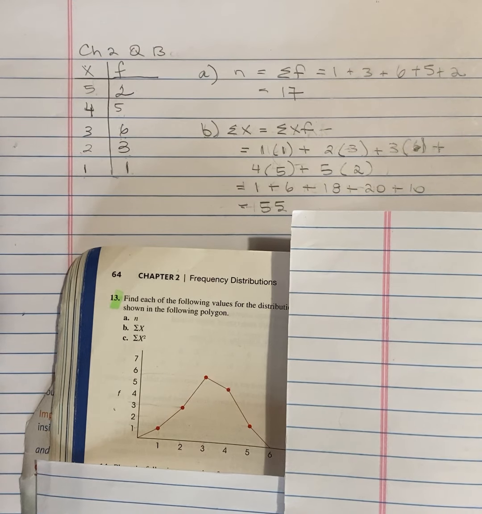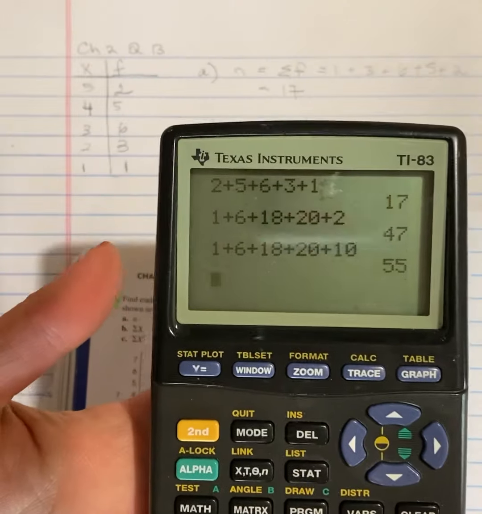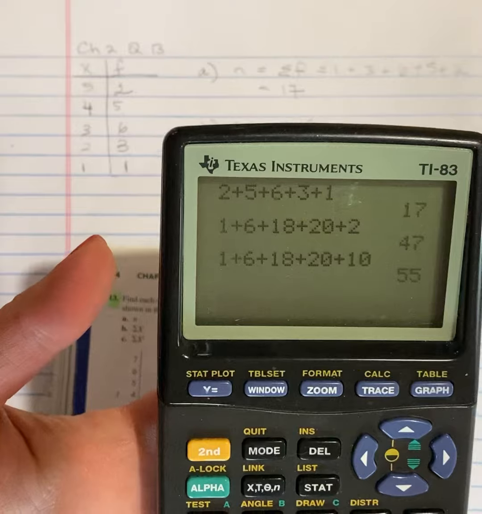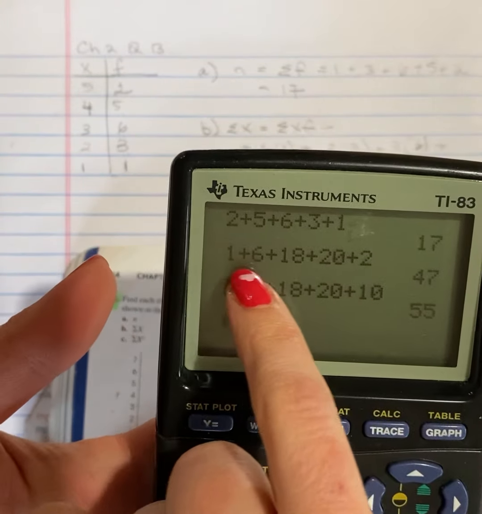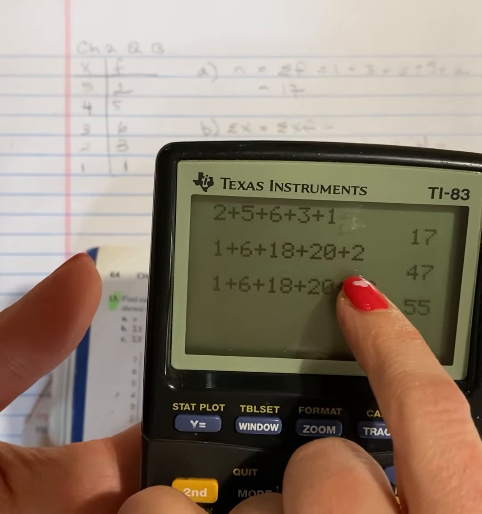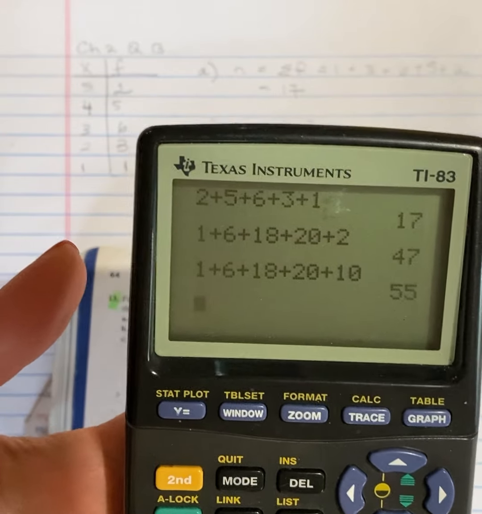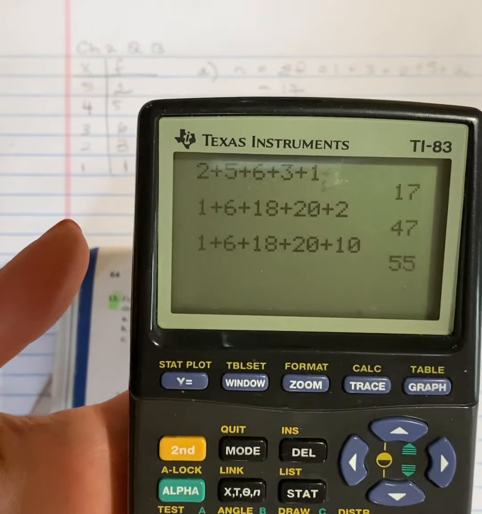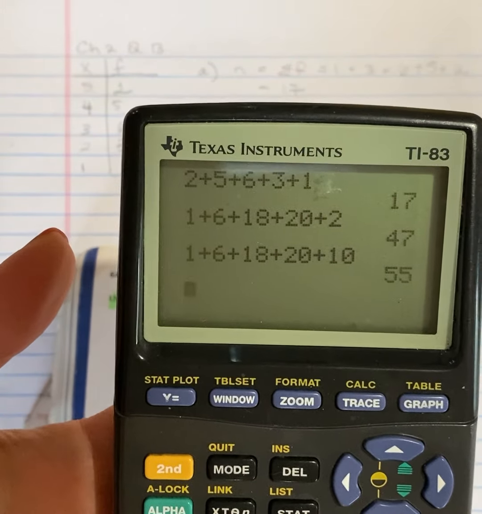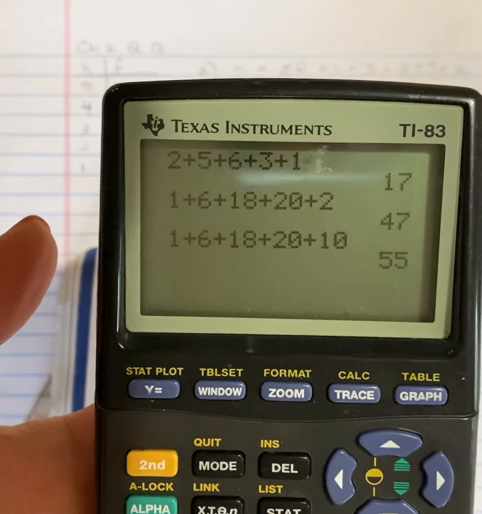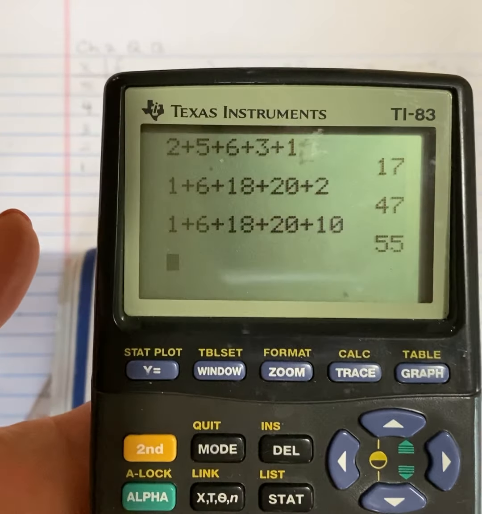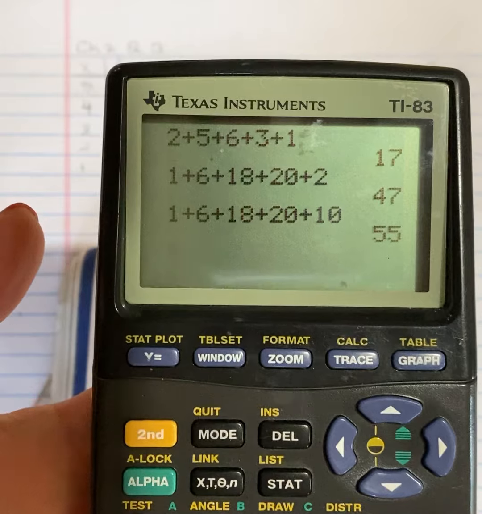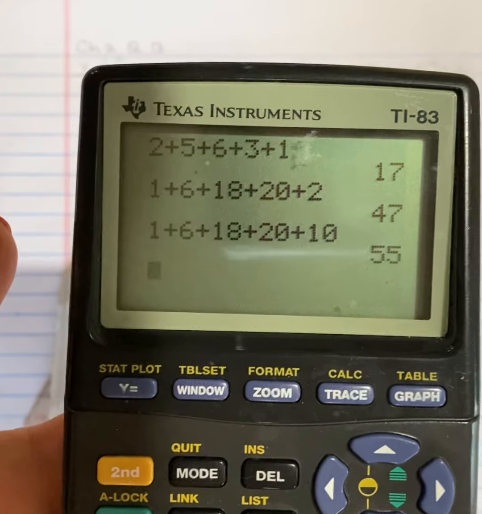And I'll show you. So you can see here that I had put 1 plus 6 plus 18 plus 20 plus 2, and instead I should have put a 10, right? And so my alarm saved me from having a mistake in the videos.